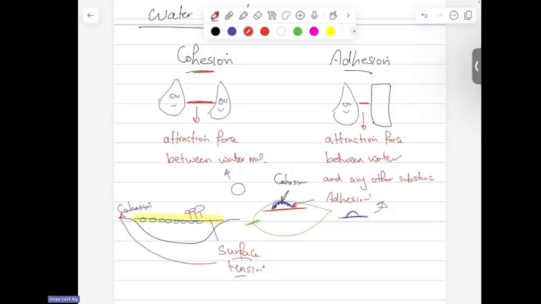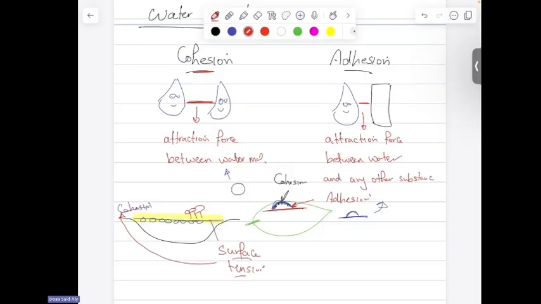They may put the cohesion, and if the cohesion is present, you will circle the cohesion. But if the surface tension is present, you will circle the surface tension. Now we have to know that the surface tension is caused by the cohesion.